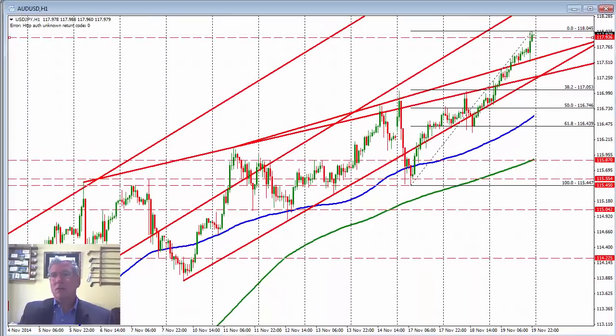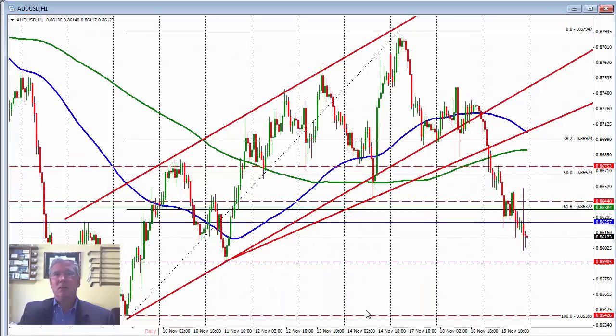Let's take a look at the Aussie versus US dollar. Pay attention to the Aussie versus US dollar because we have HSBC China PMI data coming out. This is a preliminary for November, and we're hanging around the 50 level in that index. If it goes below the 50 level, look for further downside pressure in the Aussie versus US dollar. The Australian dollar is being influenced by the price of iron ore, which fell sharply, and we saw follow-through selling in trading today because of that.